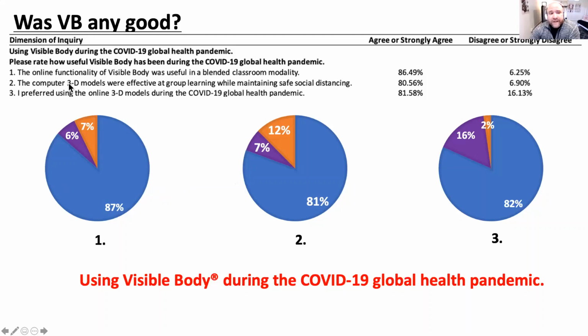And additionally, the 3D models were really effective in group learning and maintaining safe social distancing. By using the software, we were able to maintain that safe feeling of keeping our distance from each other during the pandemic. And the students also agreed that they preferred using the software during the pandemic.